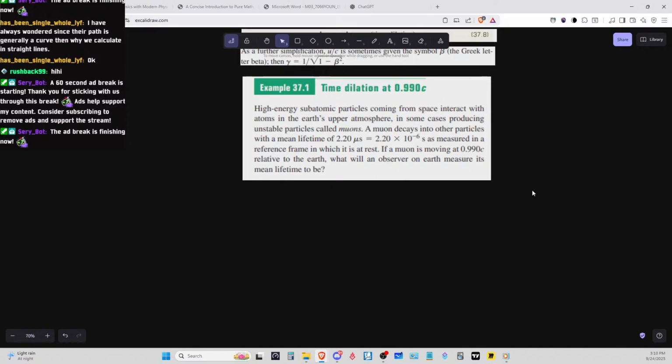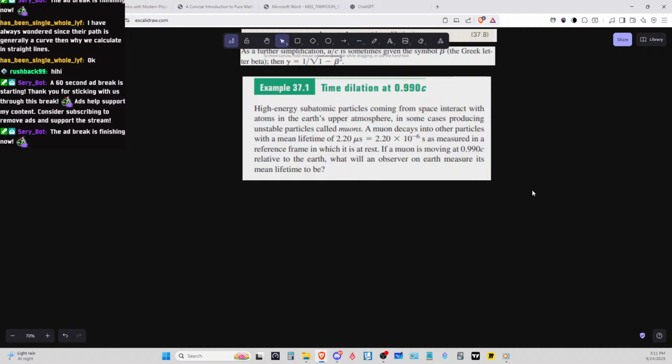Okay, high energy subatomic particles coming from space interact with atoms in the Earth's upper atmosphere, in some cases producing unstable particles called muons. A muon decays into other particles with a mean lifetime of 2.2 microseconds. Okay, good, they made the conversion for us. That makes it so much easier.